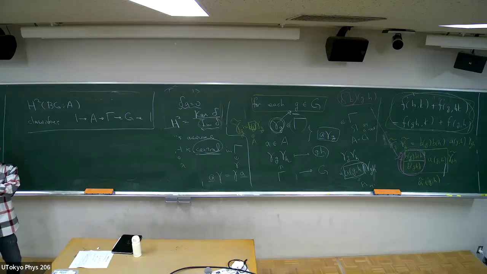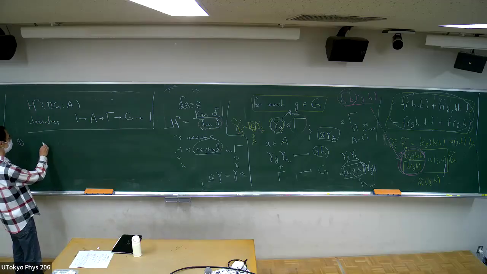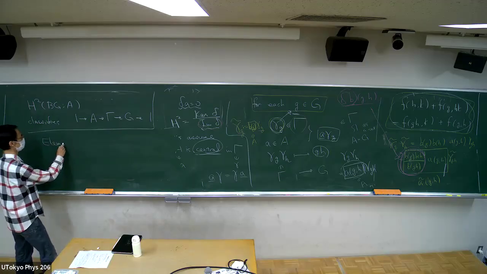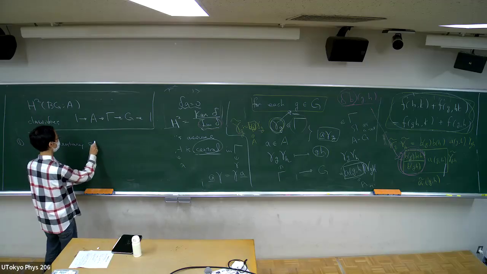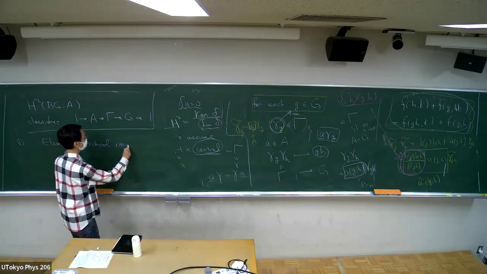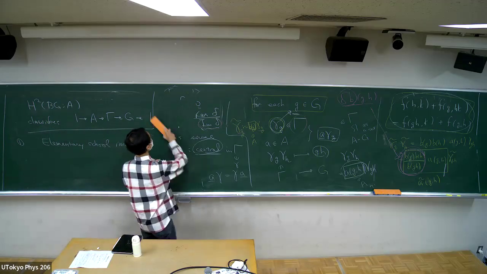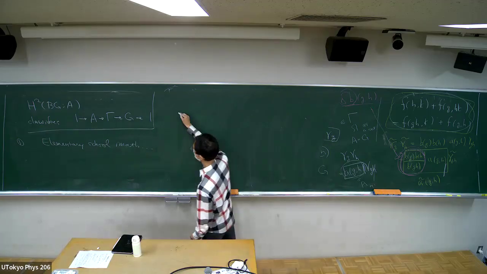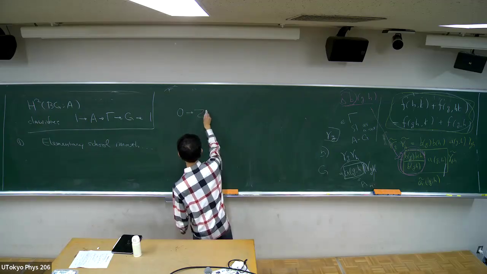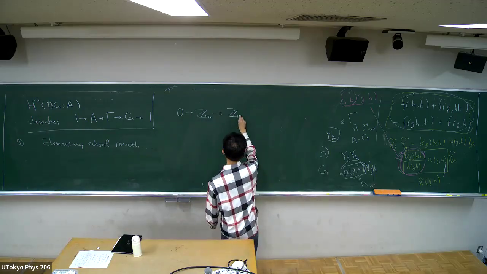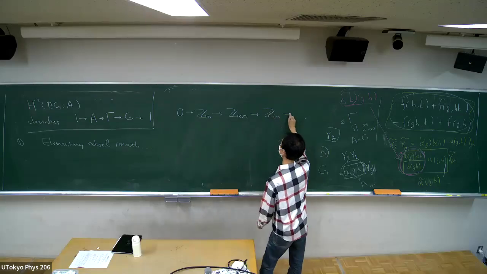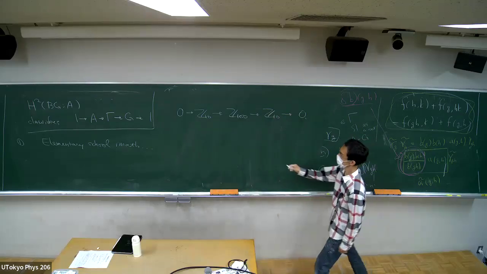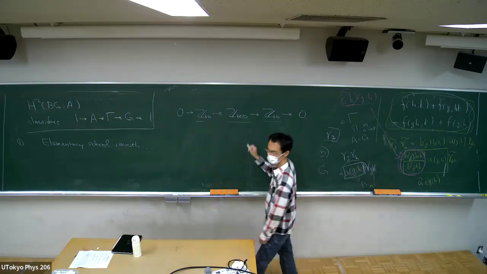I'd like to discuss two examples today before closing. One is what you learn in elementary school. Arithmetic. So as an explicit example, I consider this extension of Z10 by Z10, which is Z100.